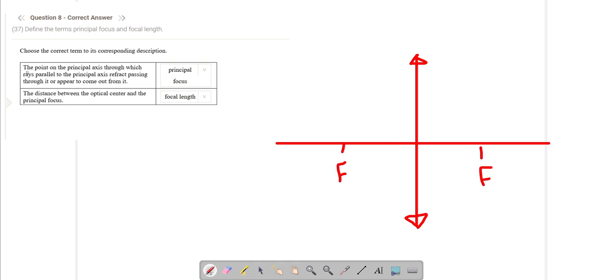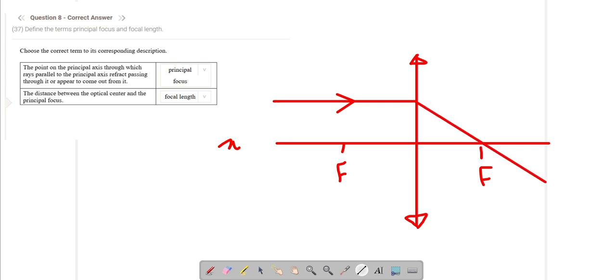So here they say the point on the principal axis, which is this axis, I'll say it as the x-axis so you don't get confused, it's known as the principal axis, through which the rays parallel to it, so let's take a ray parallel to it, refract through the lens, passing through a point or appear to come out of it, passing through this point.